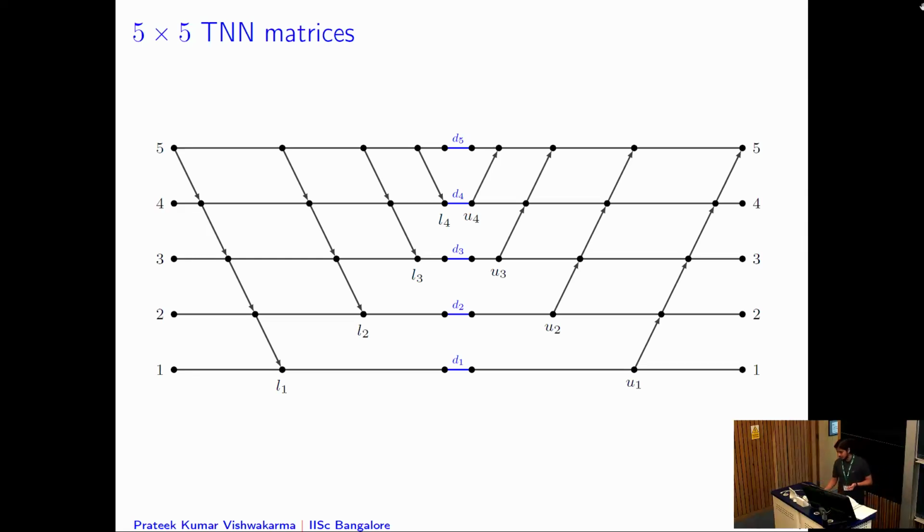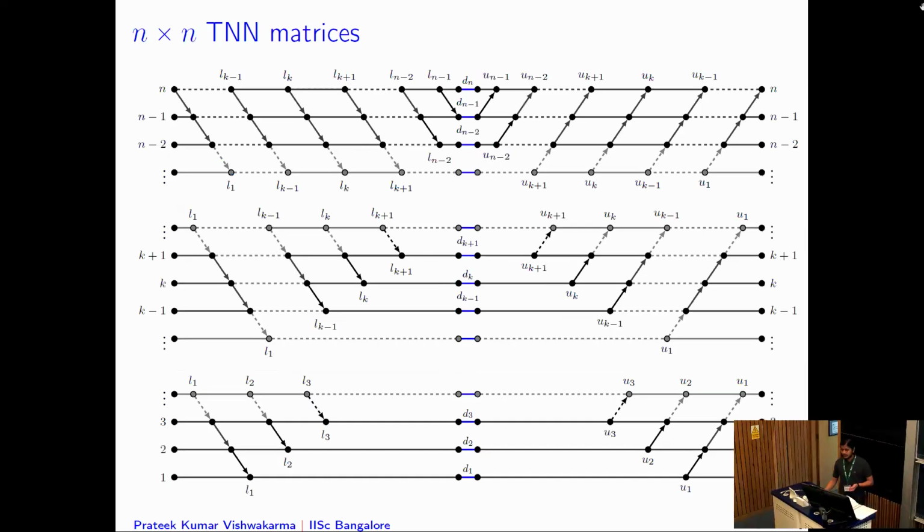More generally, for n by n totally non-negative matrices, the planar network would look something like this.